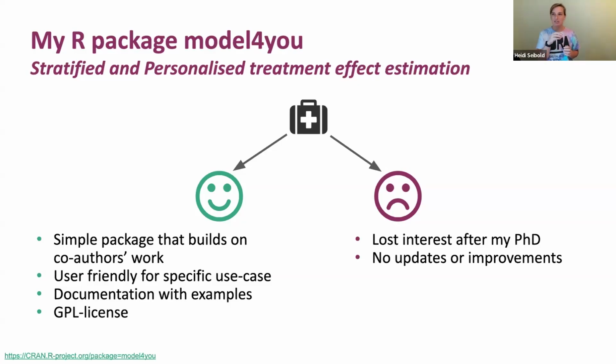And this package does that, but tries to identify the patient characteristics that have an effect on the treatment effect. So maybe men have a lower treatment effect than women, or people with a high value of, I don't know, creatinine in their blood have a higher treatment effect than others. So this is what the R package does.